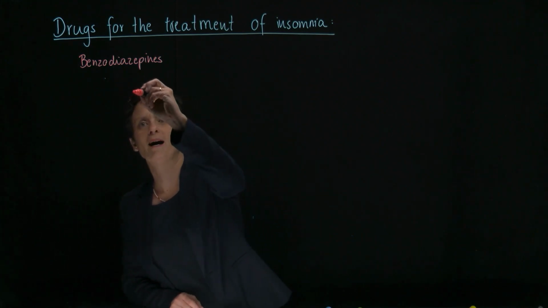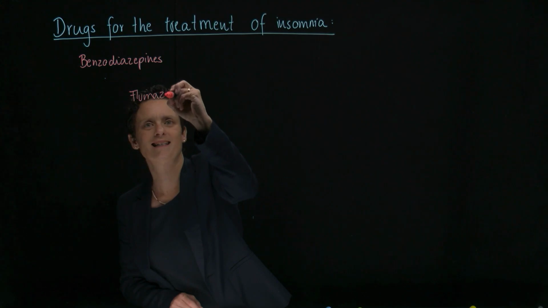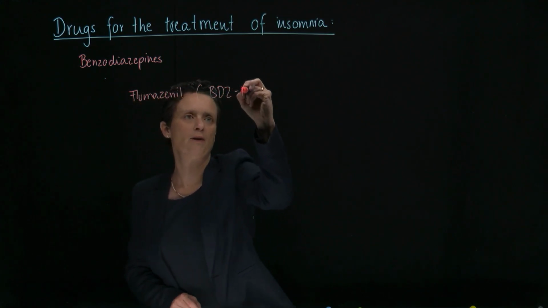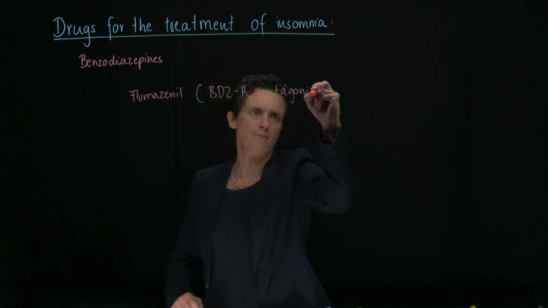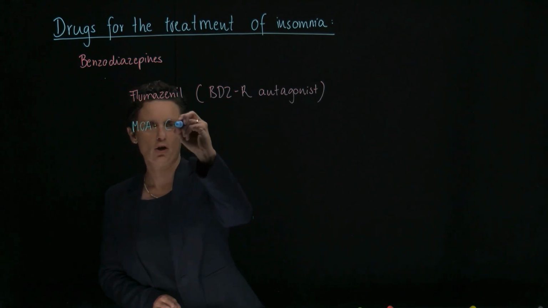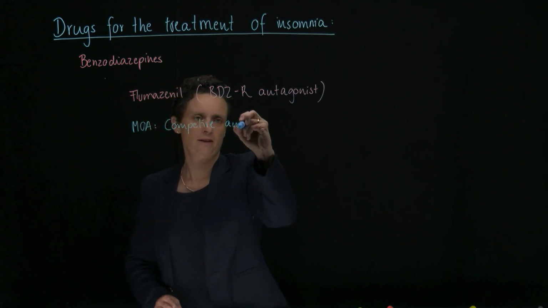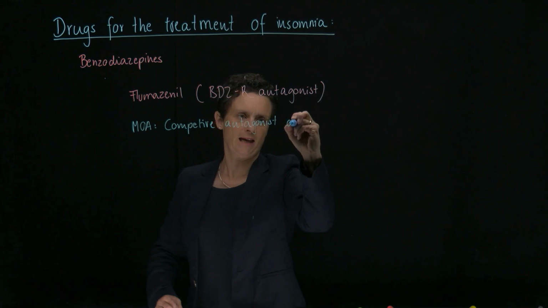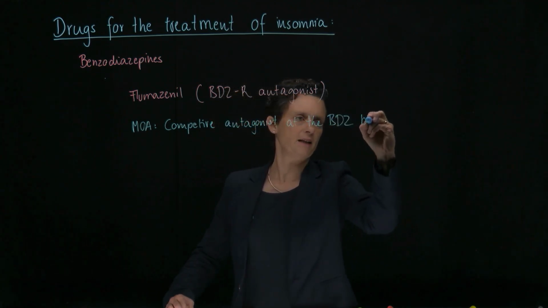and that's called flumazenil. That's something you should have heard about. So flumazenil is a benzodiazepine receptor antagonist. Its mechanism of action is that it's a competitive antagonist at the benzodiazepine binding site.